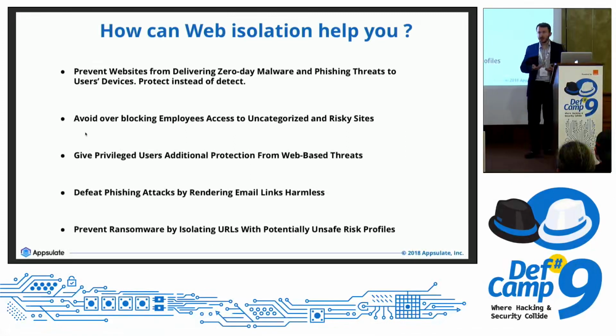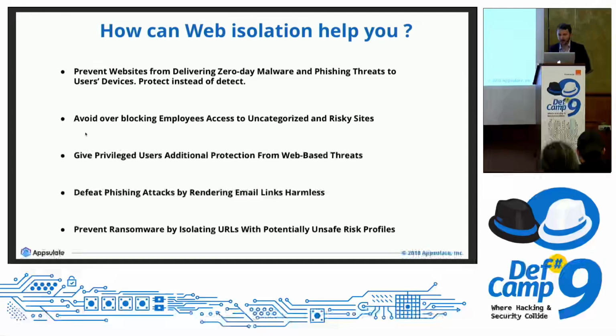In case there is a phishing attack, you can be sure that when an employee clicks on a link in his email, on his endpoint, the site will be opened in web isolation. If there is any malware being sent through that link or a phishing attack, you'll be sure that it's isolated from the endpoint and your assets are safe, basically.